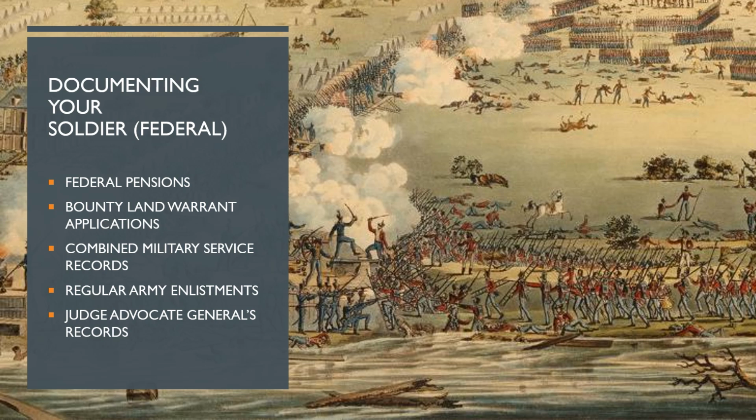They are noted in a publication, Francis B. Heitman's Historical Register and Dictionary of the United States Army, published in 1903, and R.W. Callahan's List of Officers of the Navy and of the Marine Corps from 1775 to 1900, published in 1901. Also the series Abstracts of Service Records of Naval Officers, 1798 to 1893, series M330 at NARA, is useful. Volumes D and E cover the War of 1812.